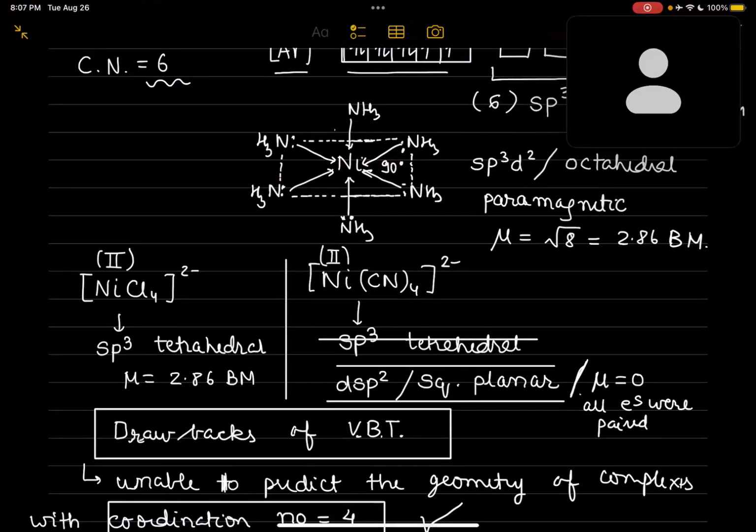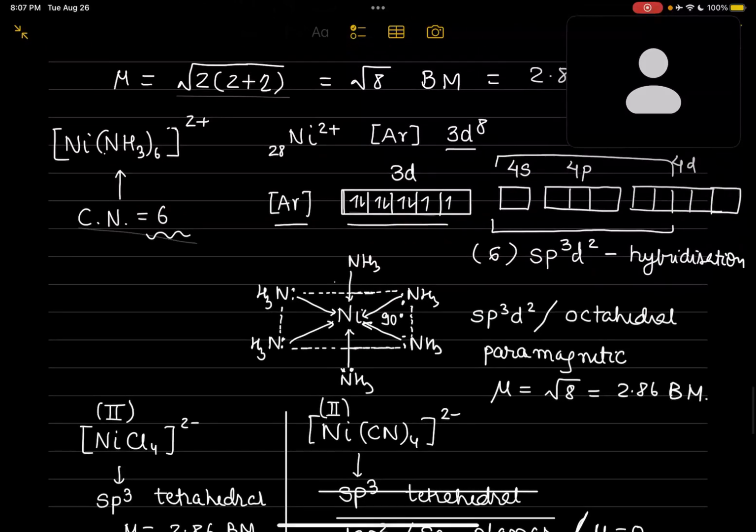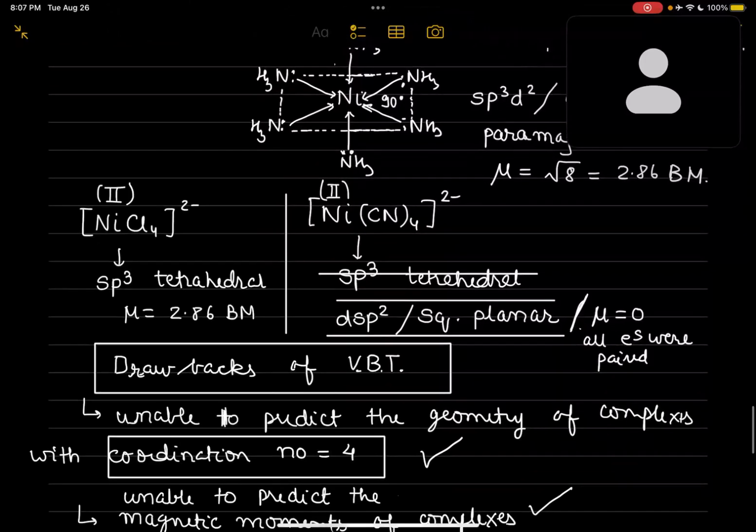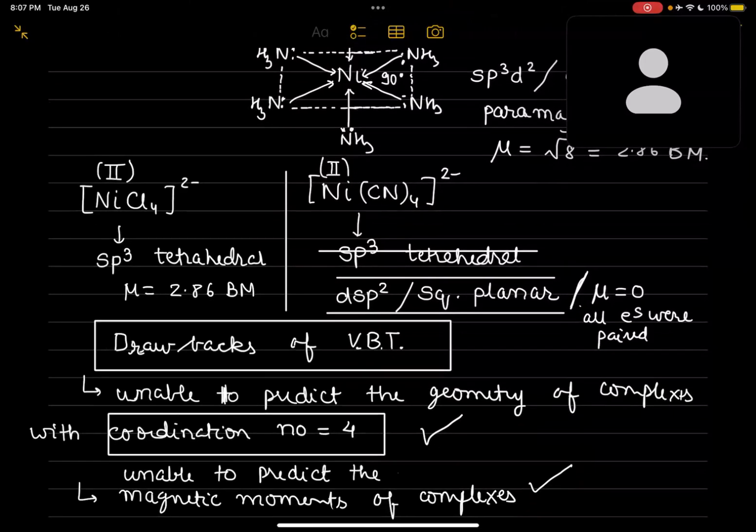That nickel with the 4 chloride ions, that is tetrachloride of nickel 2, was tetrahedral, while on the other hand, tetracyanide of nickel 2 was square planar. There was also a difference in magnetic moment. So with that, we started with the drawbacks of valence bond theory.